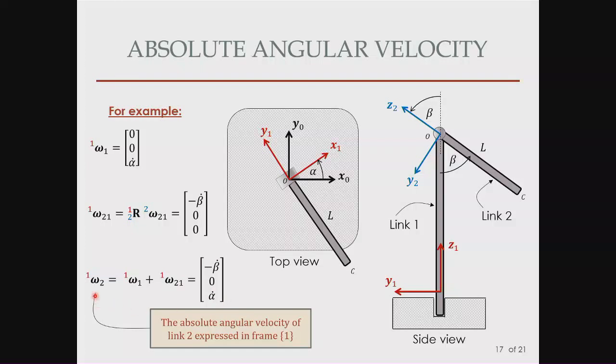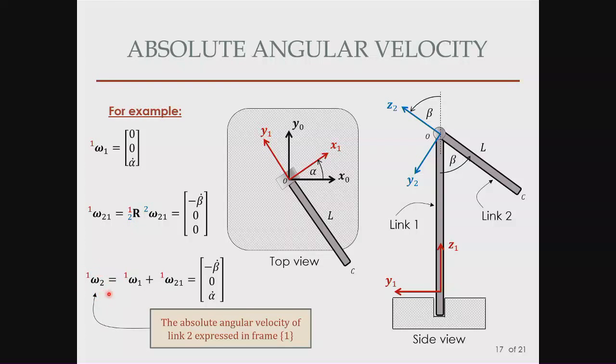How do you read this? This is the absolute angular velocity of link 2 expressed in frame 1. Can you express the absolute angular velocity of link 2 in frame 2? No, it wouldn't be 0.